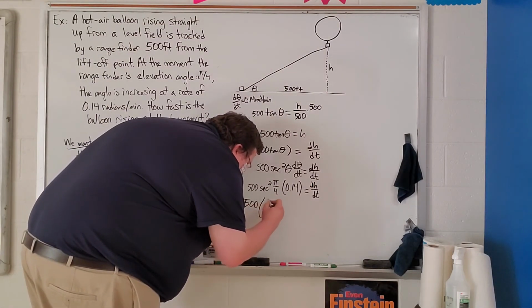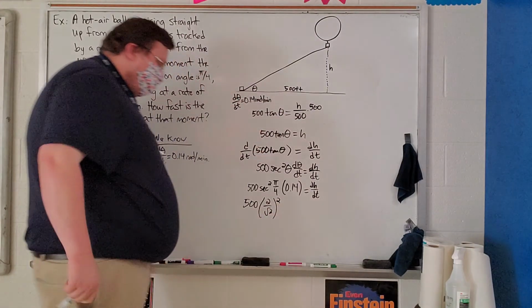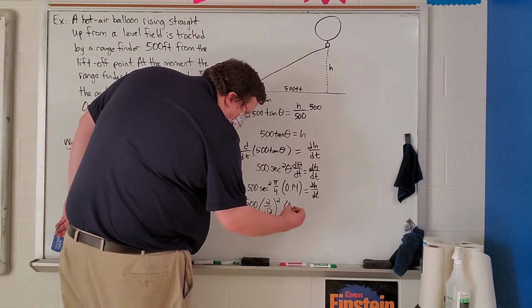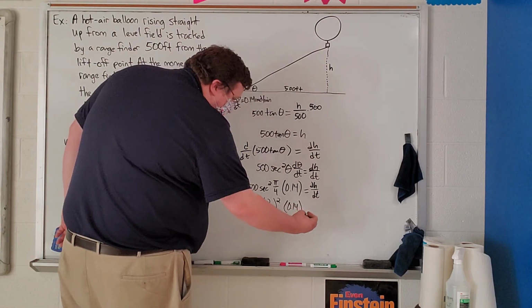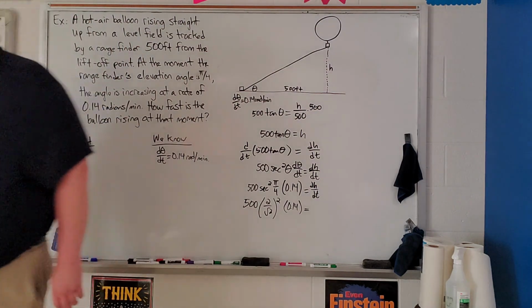So I have 500 times 2 over radical 2 quantity squared times 0.14. This actually comes out nice. It comes out to be 140.